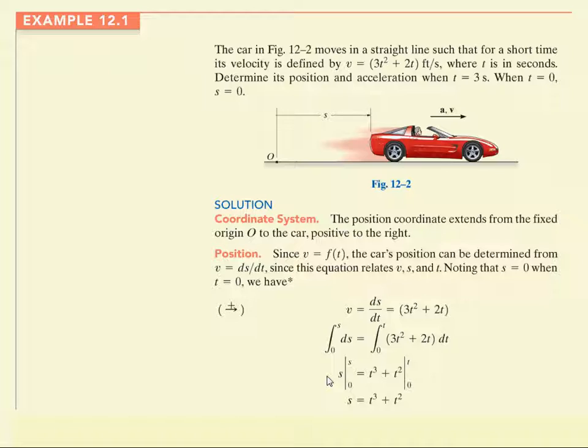So you integrate: between 0 and s is going to be equal to 3 times t to the n plus 1 divided by n plus 1, so 3t cubed divided by 3, plus 2t squared divided by 2, which is just t squared, and the other one is just t cubed.